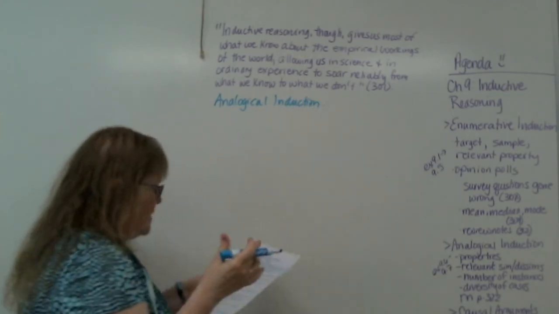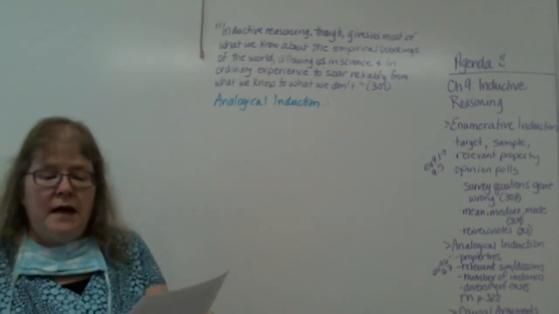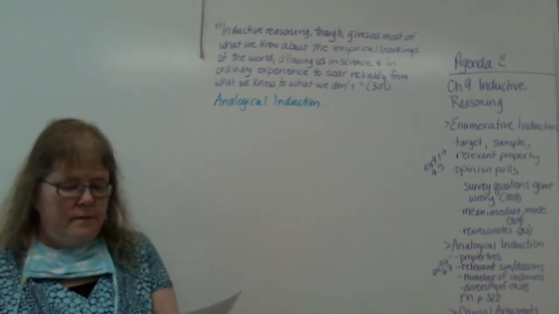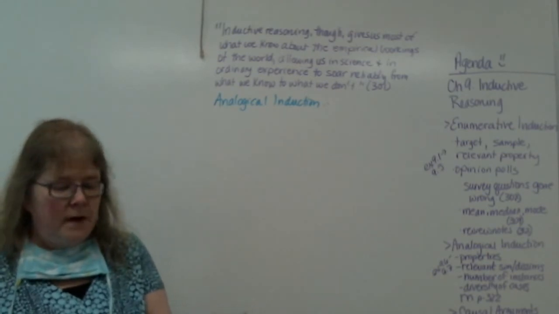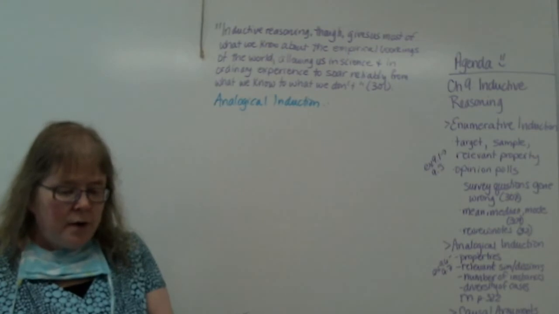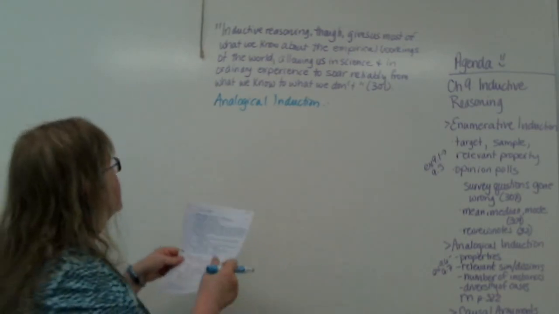So it says thing A has properties P1, P2, P3, plus property P4. Thing B has properties P1, P2, and P3. Therefore, thing B probably has property P4. Okay, P for property. That's all we got right now.